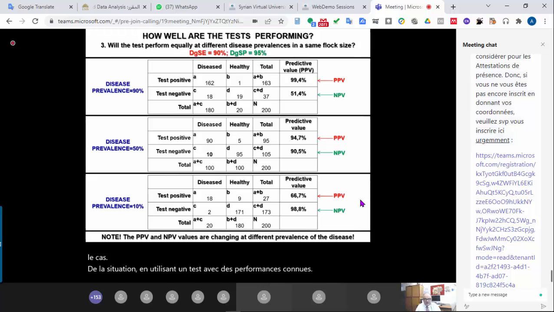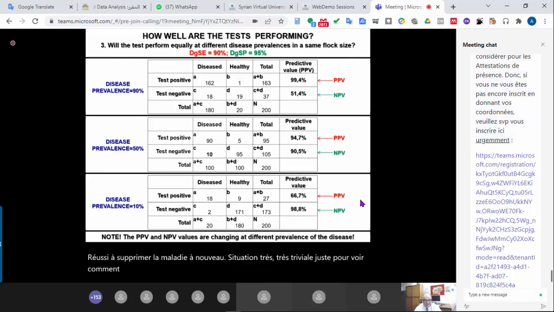And coming back to the predictive values, if we manage to suppress the disease, again, a very trivial situation, just to see how the test operates in the field. Imagine we have a prevalence of 90% with our test of sensitivity 90% and specificity 95%.